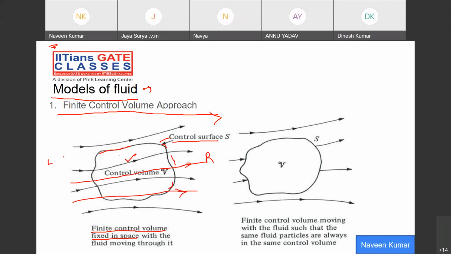If I take another case, let's say this control volume itself is moving with the fluid. This is the first case: the model is fixed in space and the fluid is flowing over this control volume, and I am just observing all the information, pressure, temperature, density, viscosity, velocity, acceleration, how it is changing with respect to space and time.